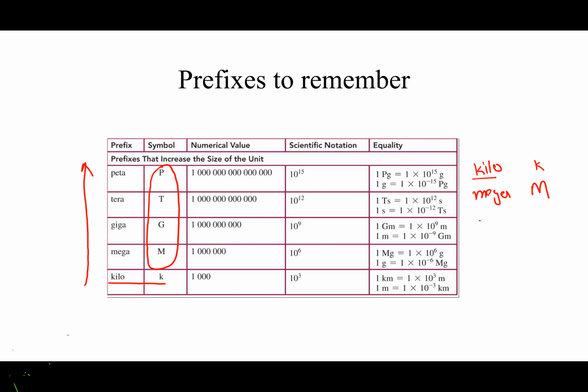Remember, this is where students get confused. If you see small m and m, it means millimeter. If you see capital M and small m, then this is megameter. Because there are two m's, one capital and the second small, you have to keep that in mind.